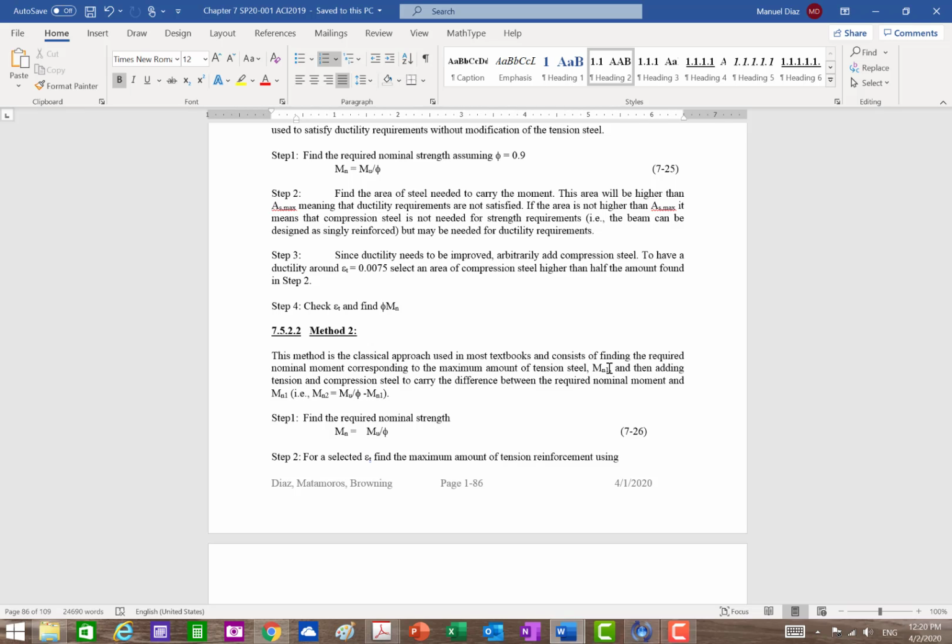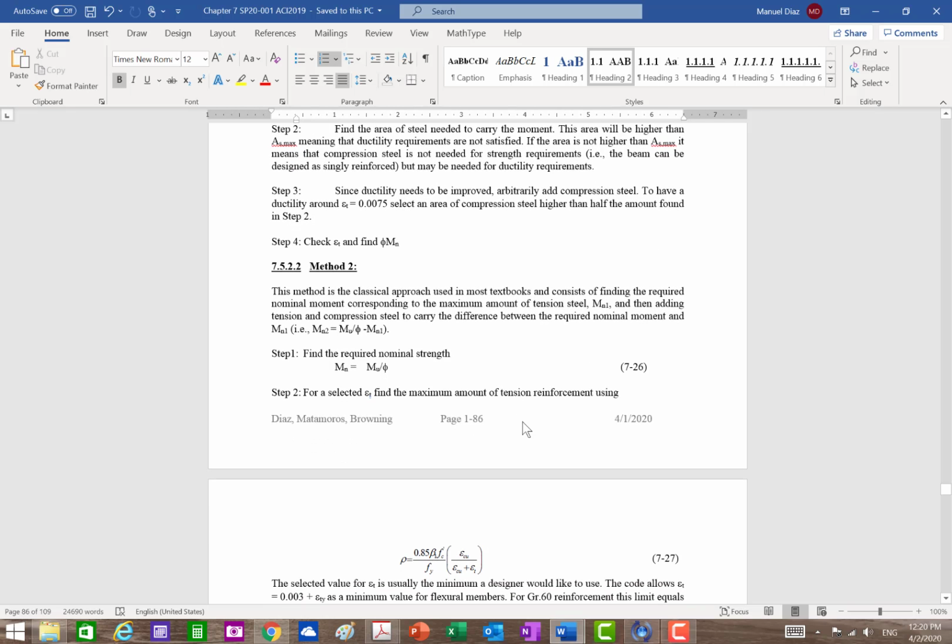Your applied moment is going to be higher than that. So you find the difference. The difference is then what you need to carry by compression bars. So that's the other method. So you do that. Okay?